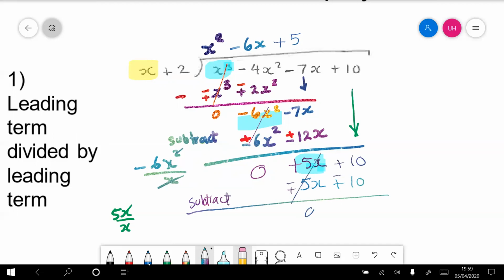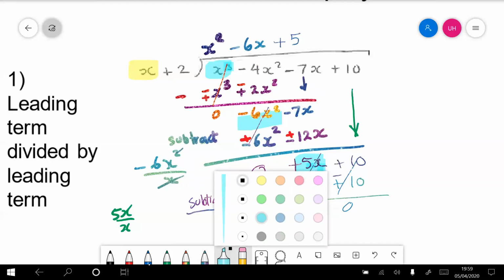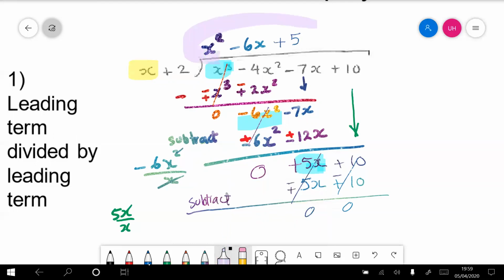So it's going to be 0, and 10 minus 10 is 0. So there is no remainder. Actually, the remainder here is 0. So in this case, the quotient is x squared minus 6x plus 5. Okay, this is the quotient.